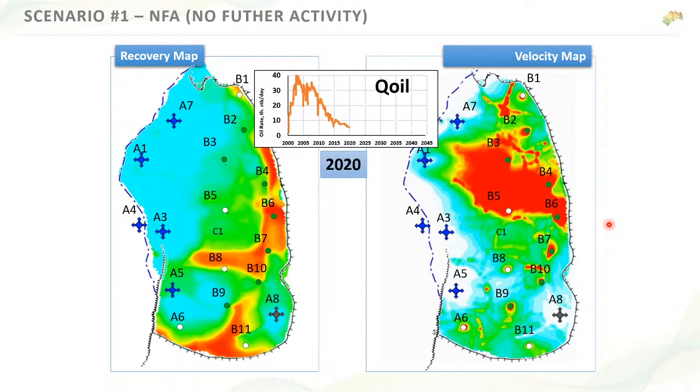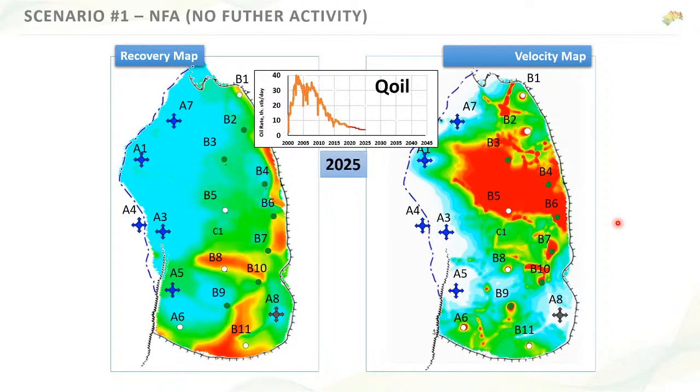In 5 years, we see our pressure goes down a bit, and let's go another 5 years. We see that the pressure is declining quite fast.